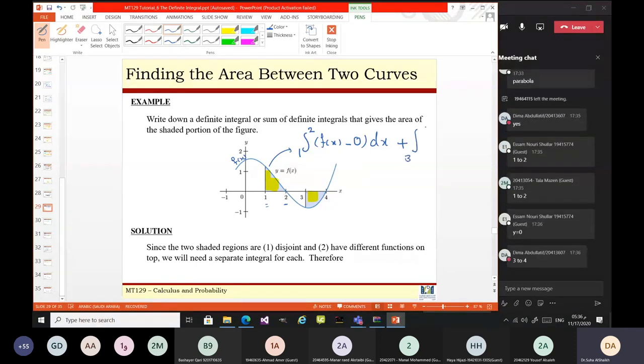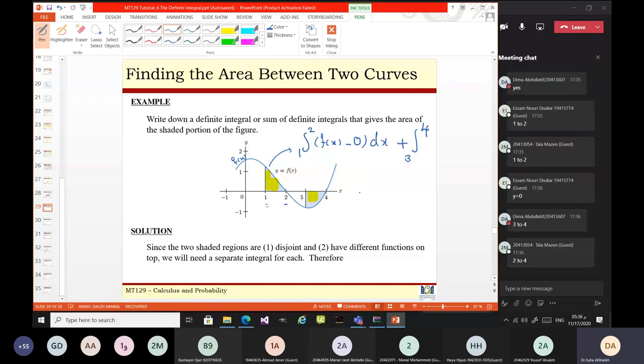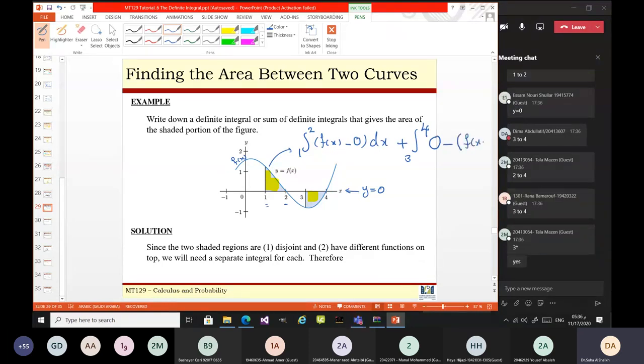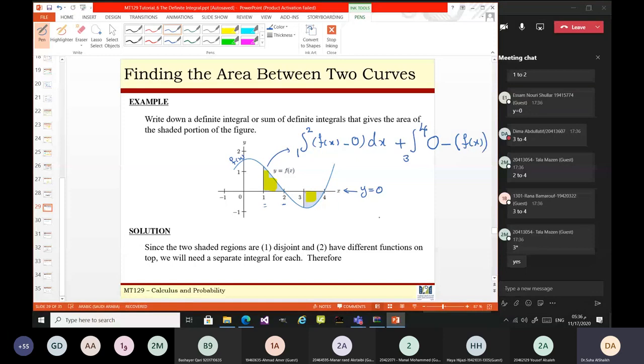It's excellent. It's from 3 to 4. What is above the x-axis? Above the x-axis is y = 0, right? So 0 minus the f of x. So I can say it's the integration from 1 to 2 of f of x dx minus the integration from 3 to 4 of f of x dx.